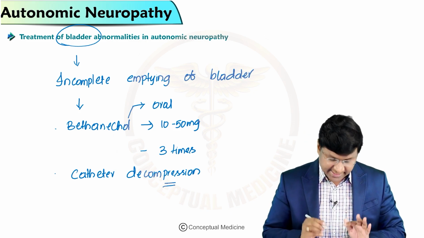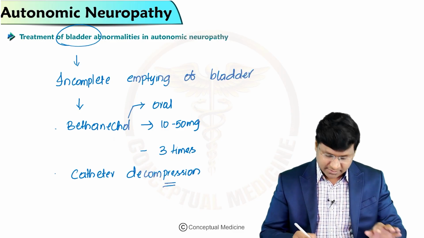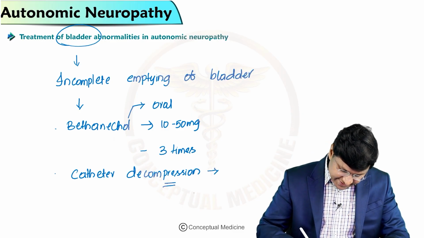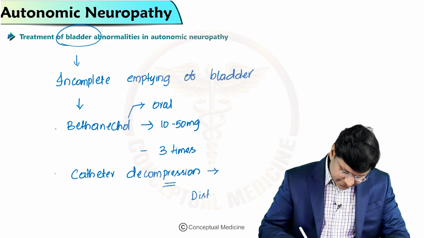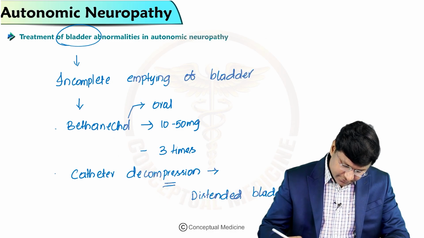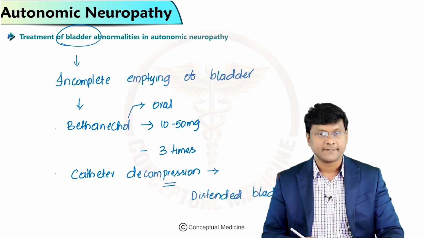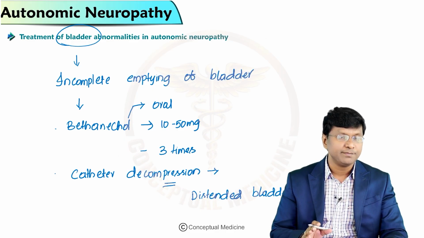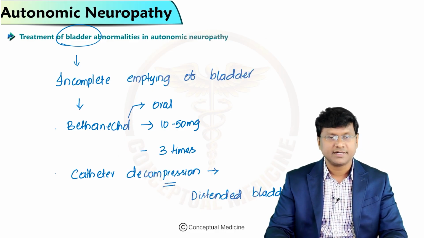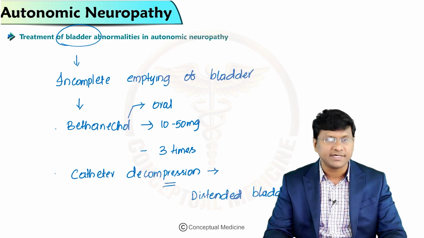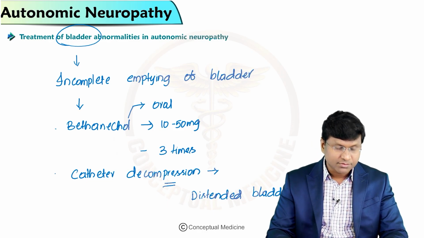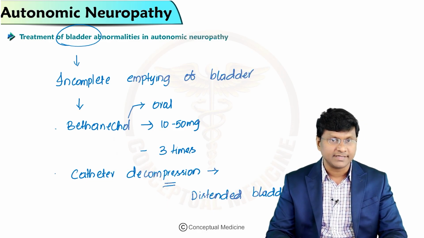So basically, catheter decompression should be done in case of a distended bladder. This has been reported to improve the function of that particular distended bladder. So that is about the treatment of the bladder abnormalities.